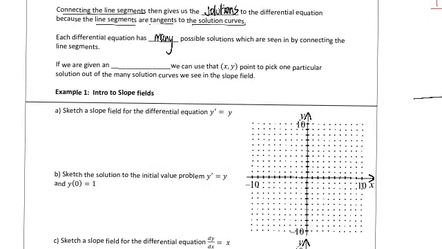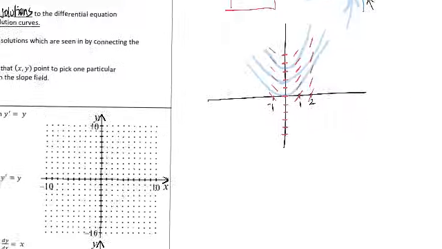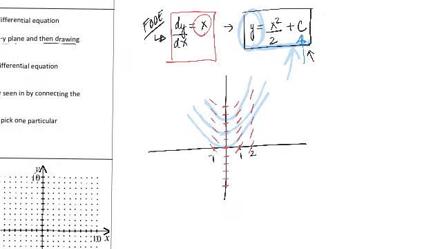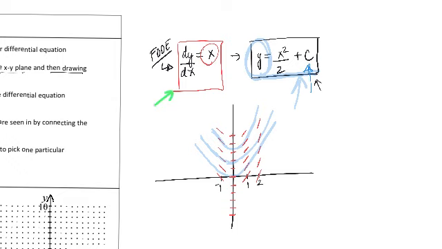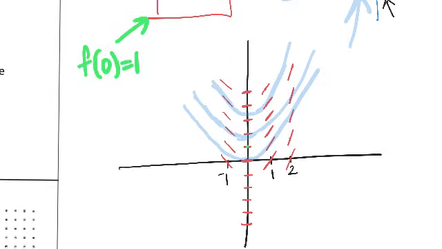But if we were given a specific point using an initial condition, say we were told that on this differential equation we were just talking about, I want you to solve this with the initial condition that f of 0 equals 1, then I'm saying, well, I want that particular solution curve that goes through this point, x equals 0, y equals 1.